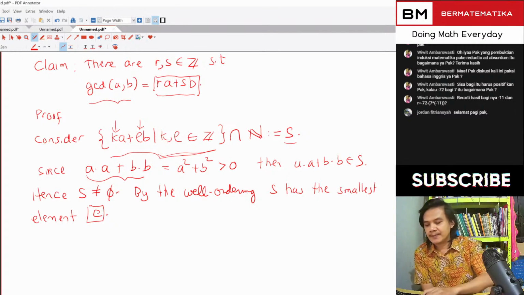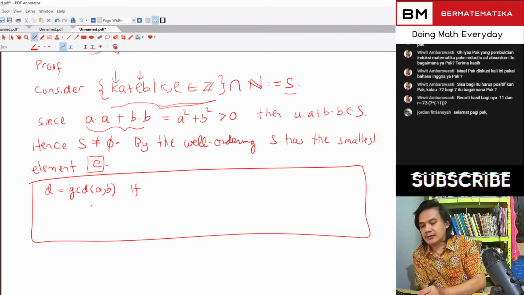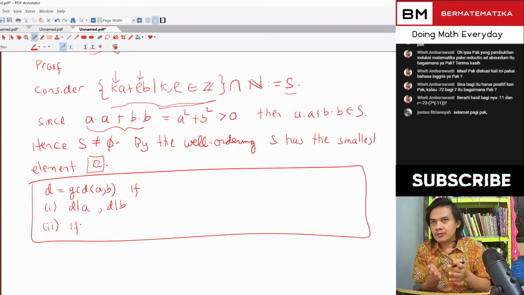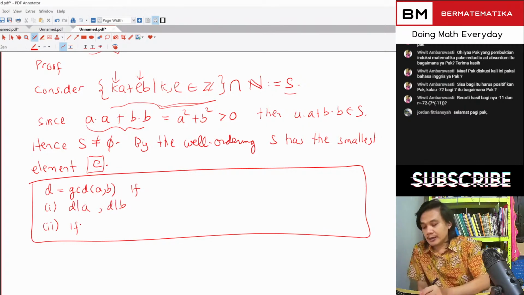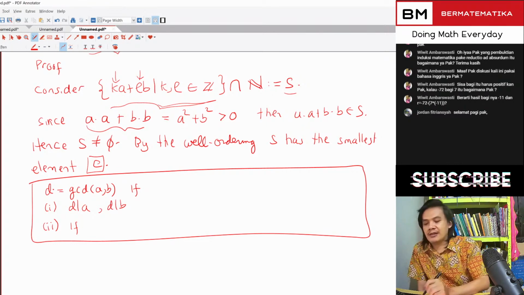So recall that definition of GCD: D is a GCD of A and B if, first, this D needs to divide A and B, and secondly, if there is another number which is a common divisor of A and B, if E, for example, divides A and divides B, in order for D to be the greatest, then E has to divide D as well.